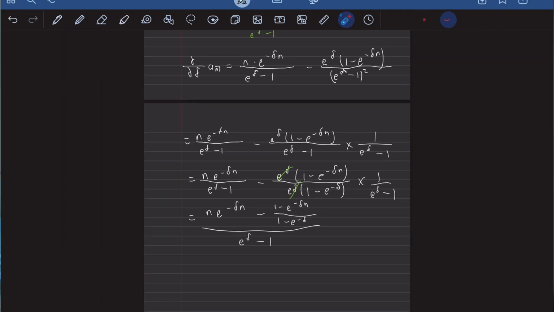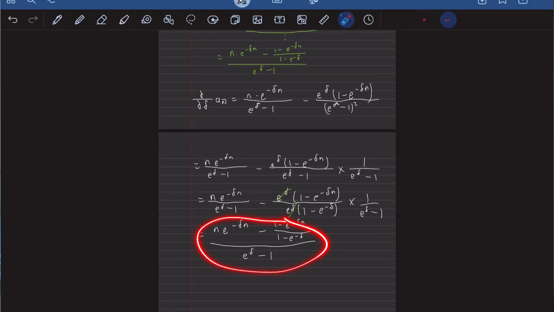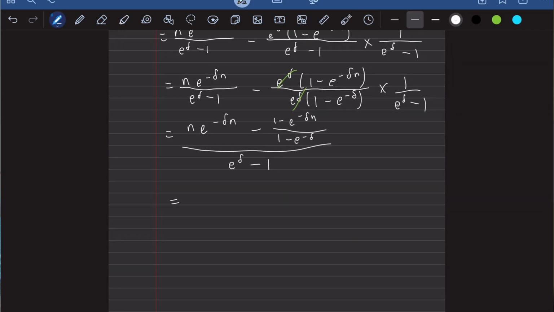And the great thing is now we can see that that looks exactly like that. So we just proved that this is all equal to the negative increasing annuity for n years. And that's question 2.